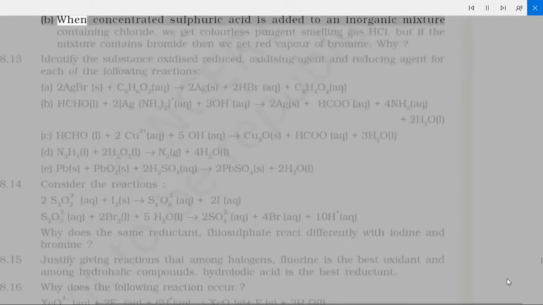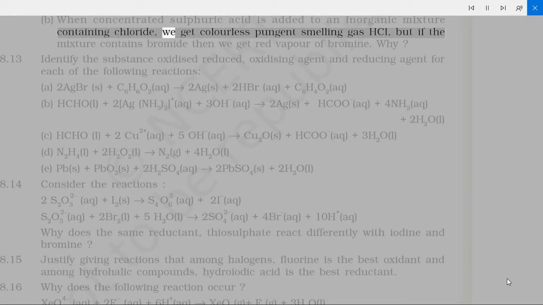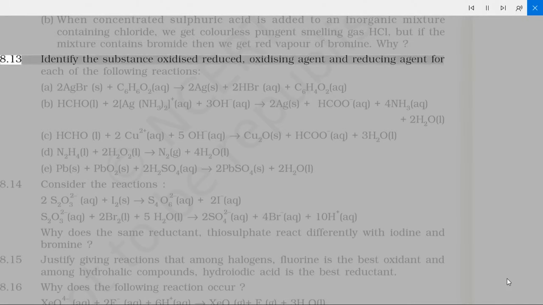B, When concentrated sulfuric acid is added to an inorganic mixture containing chloride, we get colorless pungent smelling gas HCl, but if the mixture contains bromide then we get red vapor of bromine. Why?